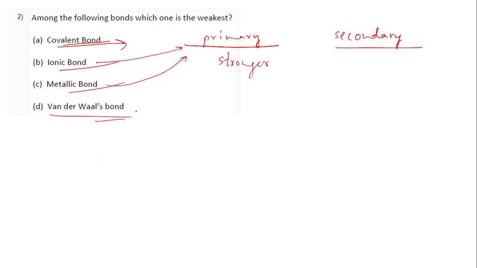Van der Waals bond, as I said, happens when suddenly, due to some reason, NaCl, instead of staying neutral, gets charges at some distance and becomes something like a dipole.